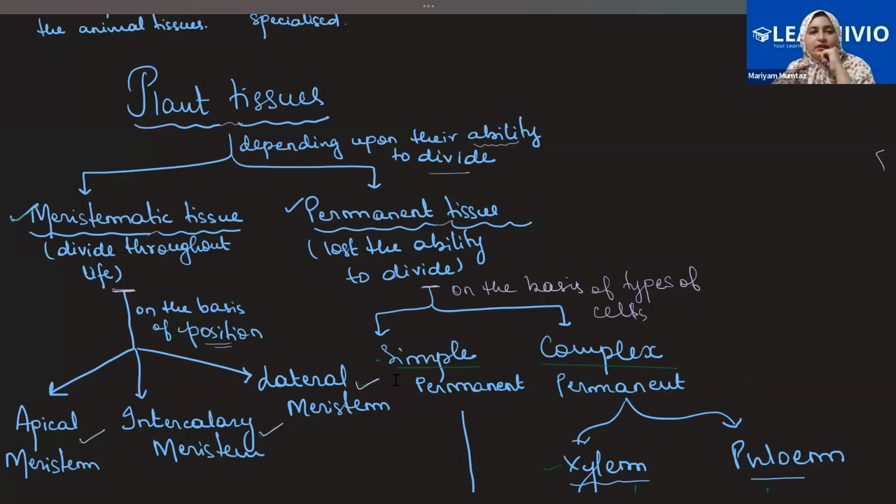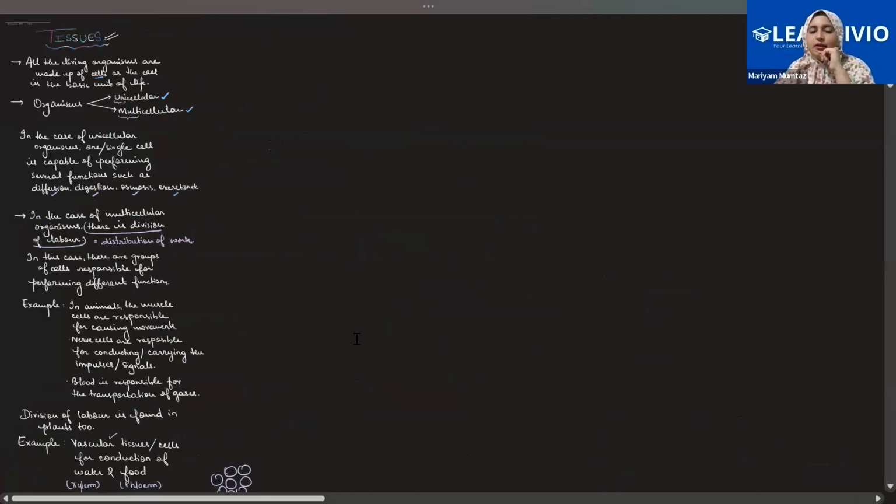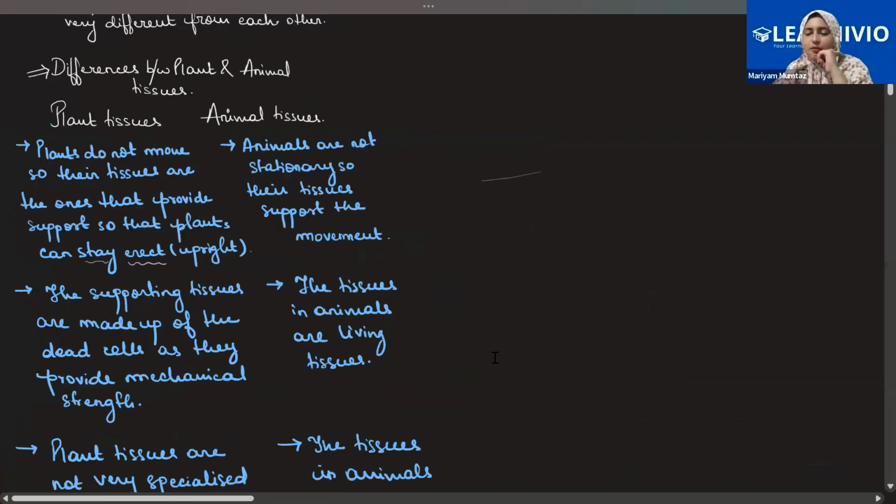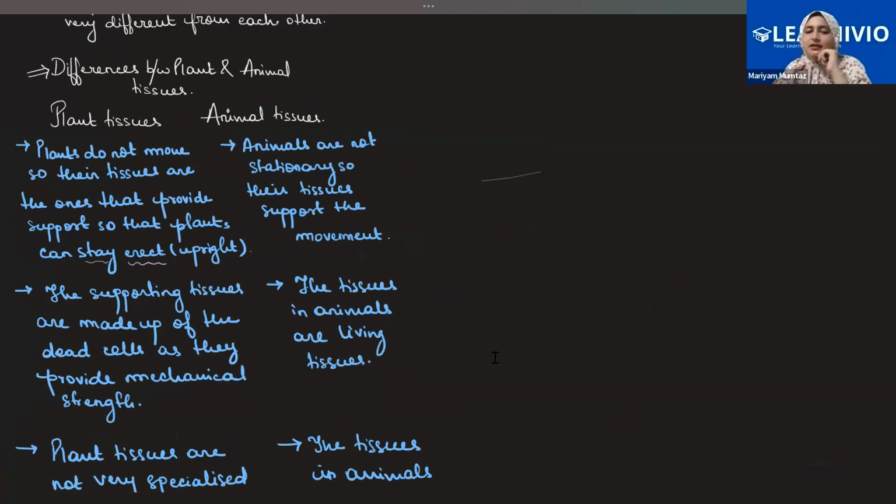Very good. Okay, let us quickly revise what we had done. We talked about tissues being a group of cells, right? When a group of cells come together, we get a proper tissue form. Tissues are present in animals and in plants as well. Tissues have a very unique property called division of labor.